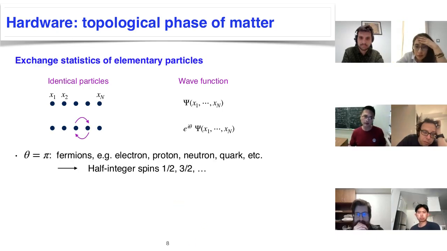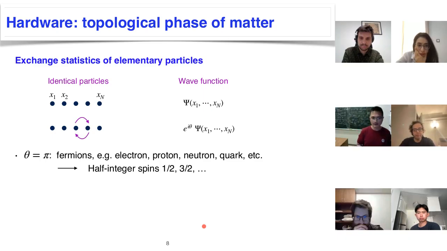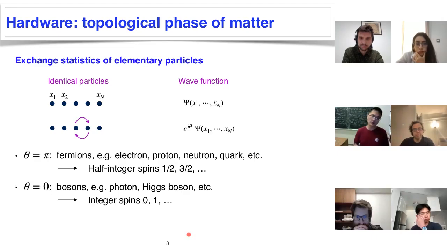Now, if theta is pi, so the phase is -1, then the particles are called fermions. For example, electrons, protons, neutrons, quarks, the elementary particles that make up matter, they are all fermions. It turns out they have half-integer spins. For theta equals 0, the particles are called bosons, including photons or the Higgs boson and so on. And they all have integer spins.